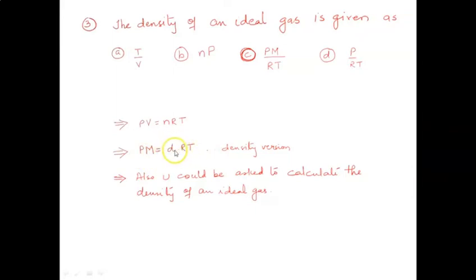So d will be equal to PM upon RT. So our third option is there: PM upon RT is the density of an ideal gas. You could also be asked to calculate the density of an ideal gas if you are given the pressure, the molecular weight, and the temperature, and you know the gas constant.